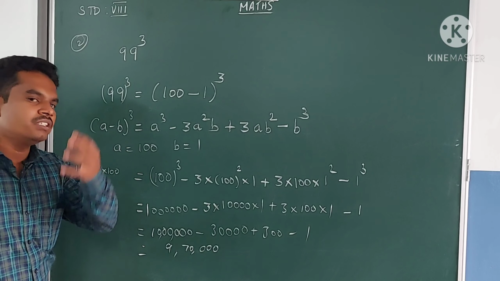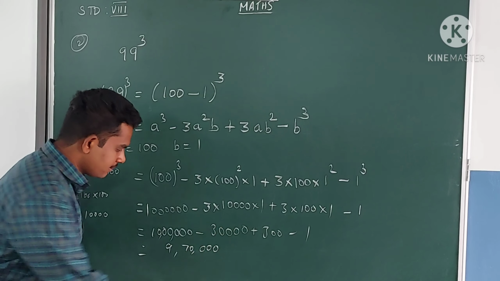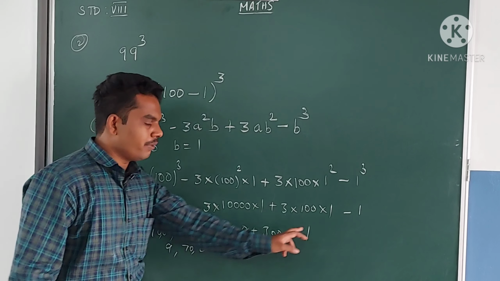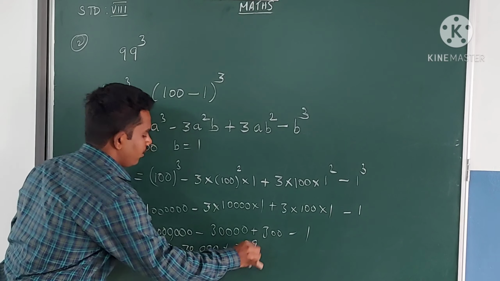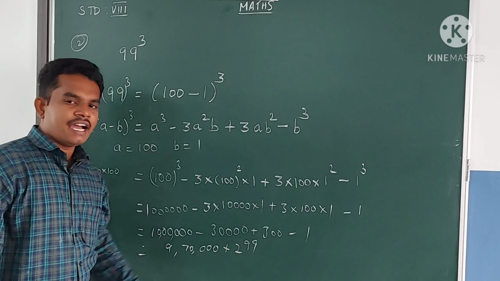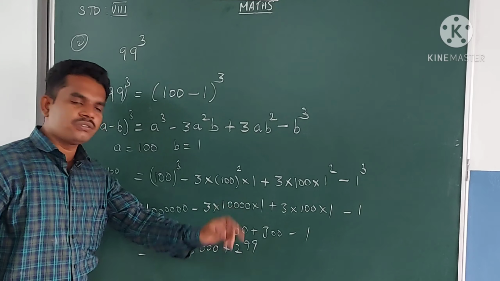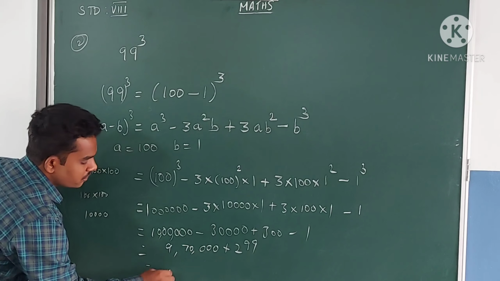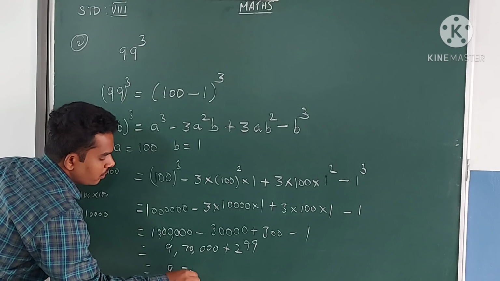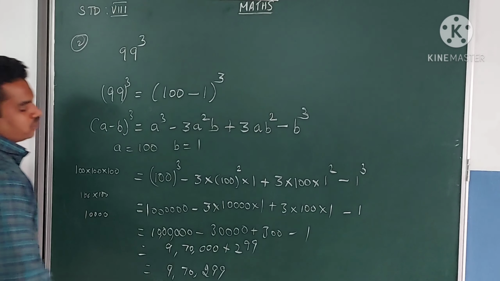You should only remove the 30,000 itself. So 9,70,000 plus 300 minus 1 is 299. Next, you should add these two terms, 9,70,000 plus 299. So you should change only the last two digits, 9,70,299. That's all.